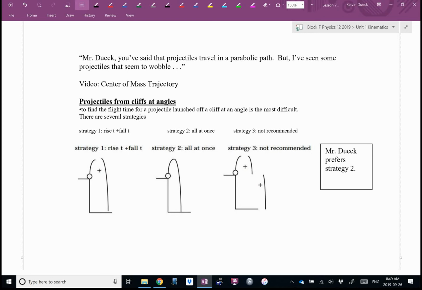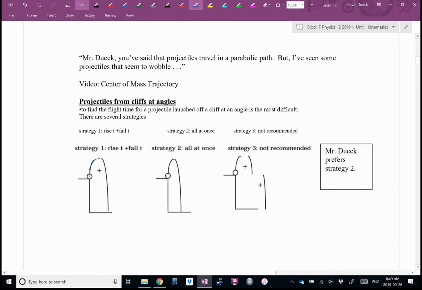There are several strategies. One strategy says find the time to the top because Vy at the top is 0. Then start at the top, make Vy initial 0, and find the time to the bottom. Strategy number 2 is do it all at once.